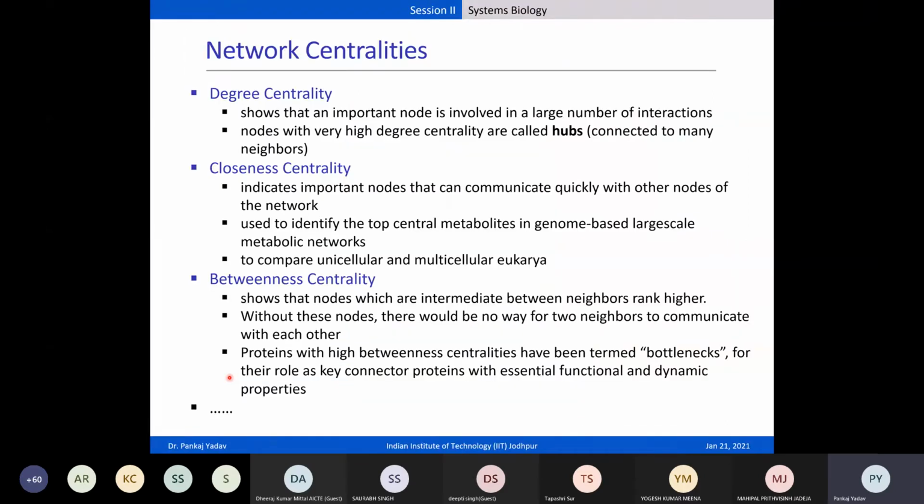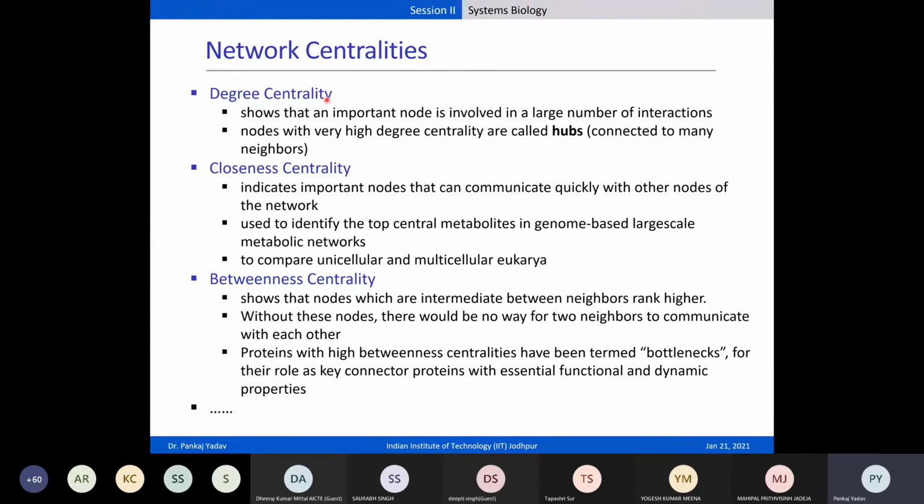Now let us discuss a few of the properties of these networks. Most of you who have learned graph theory are familiar with these terminologies. There are many properties of a network, but I will take you through only those that are mostly relevant in the context of biological networks. One of them is degree centrality.